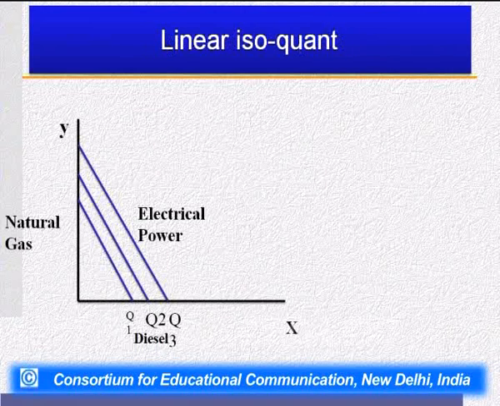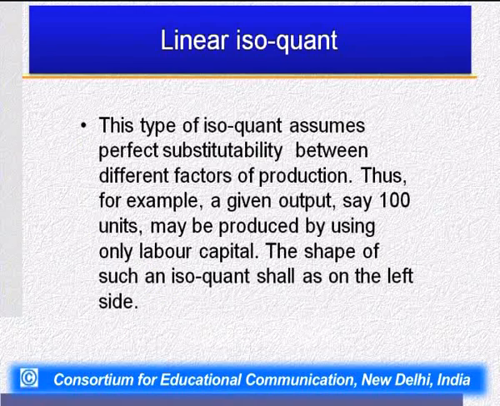Here, for the linear isoquant, you can see a downward-sloping straight line. On one axis is natural gas, on the other is diesel, and the electric power you can get is the output. This type of isoquant assumes perfect substitutability between different factors of production.